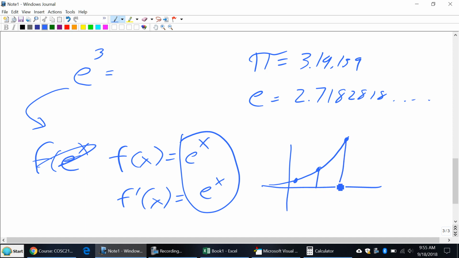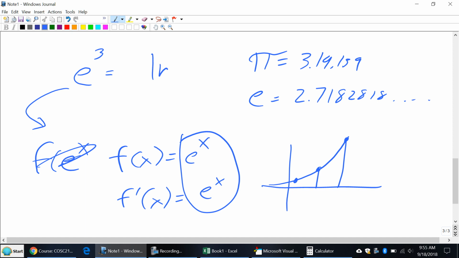So the higher up the mountain you go, the steeper it gets, but that slope is exactly equal to the elevation you're at. That's kind of unique and interesting. This number is used all of the time. I just can't express how much e is used.